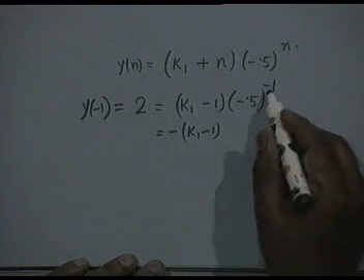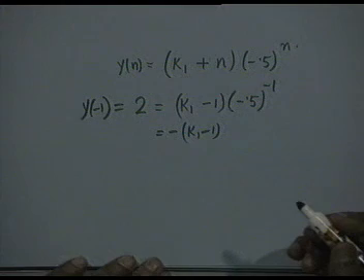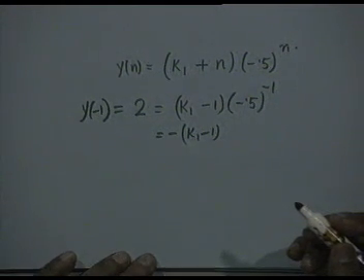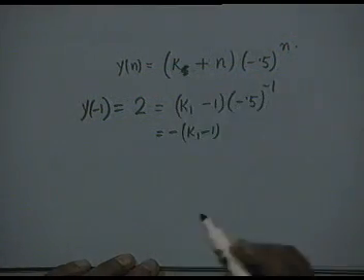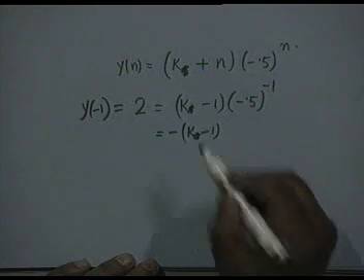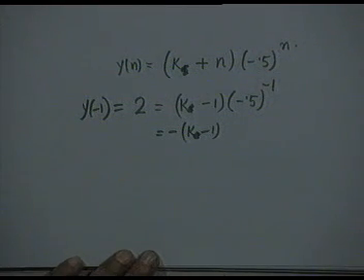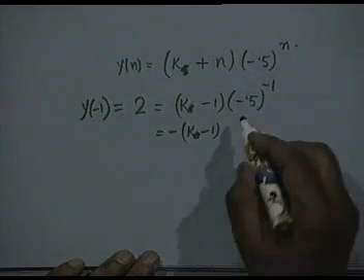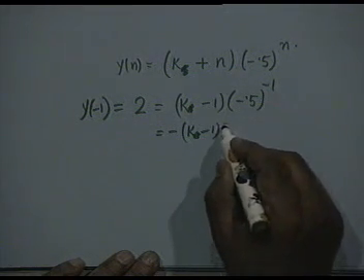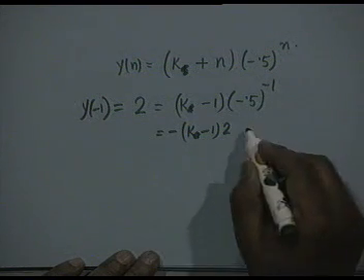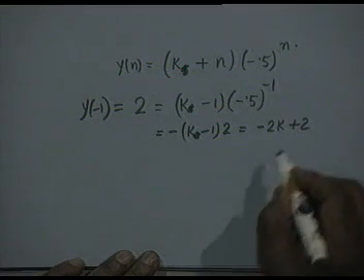What is this? Oh, the first one is k, yes, I beg your pardon. This is not an intentional mistake, it is an unintentional one. Okay, it is k, k minus 1. What is this quantity? 2, negative sign I have taken here. So, this is equal to minus 2k plus 2.